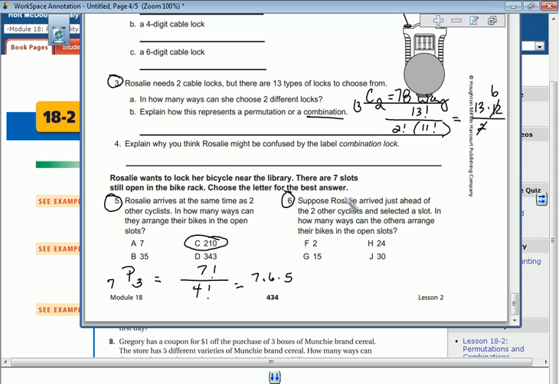Okay, suppose Rosalie arrived just ahead of 2 other cyclists and selected a slot. In how many ways can the others arrange their bikes in the open slots? Okay, so this would be the permutations of what? 6, choose 2.